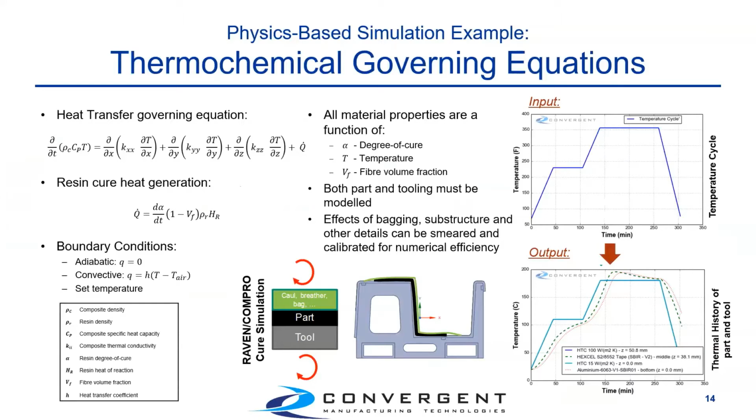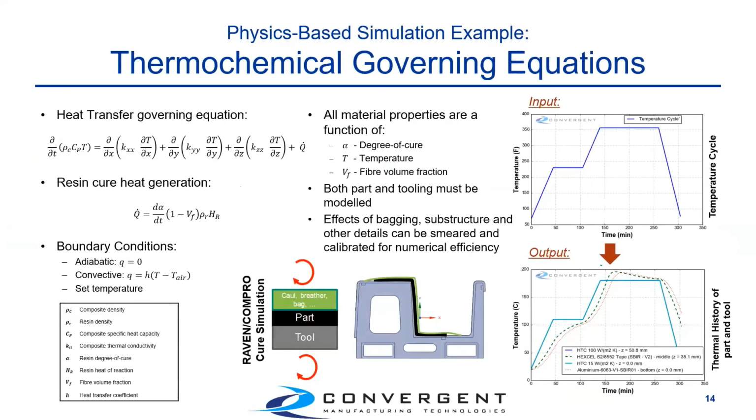And then you have the boundary conditions that are related to the cure environment as well as the interaction with the equipment. So in order to have a good high-fidelity simulation that is capable of predicting the outcome, which in this case is the temperature in the part well, we need to have a good understanding of these bits and pieces and bring them all together in our simulation framework.